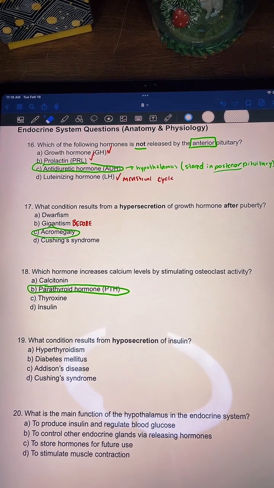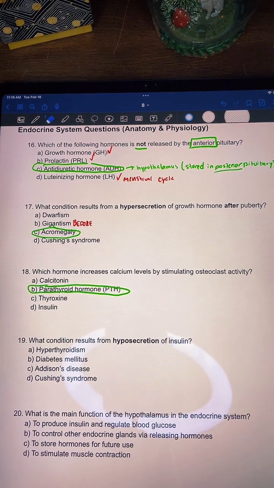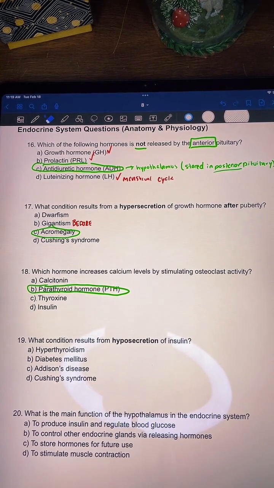We good on that one, or do we need an explanation? Was anyone confused on that? I guess I can explain. This can actually help for the TEAS exam. We can do a little more here.